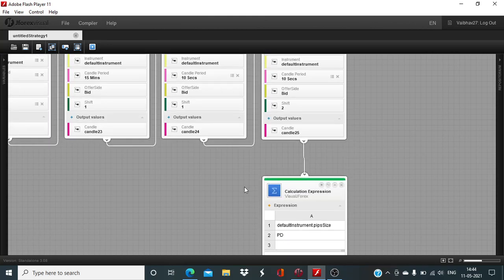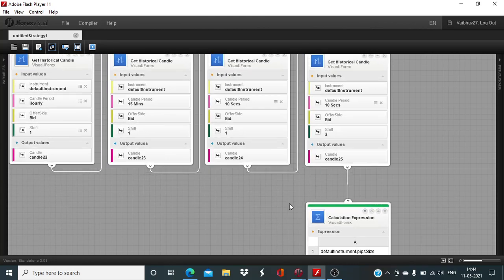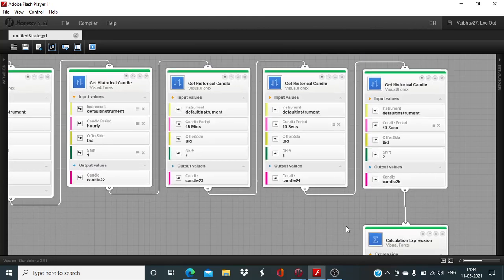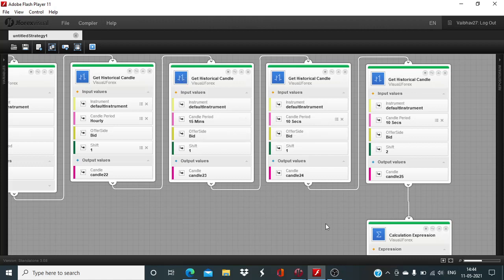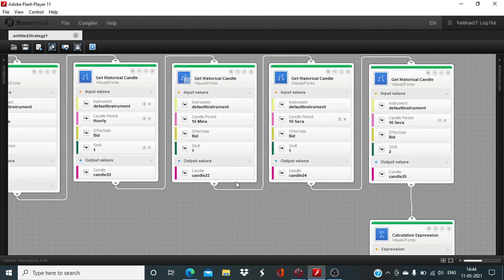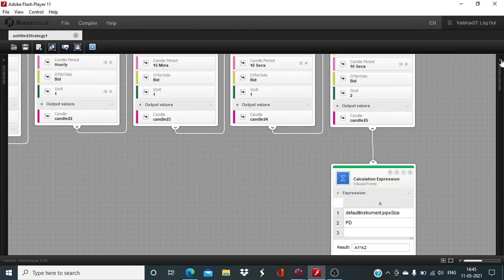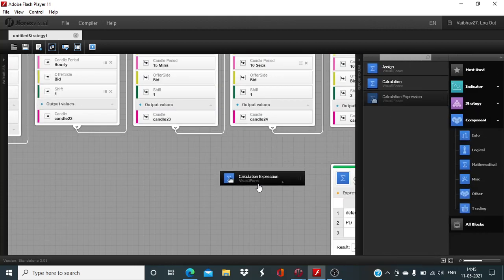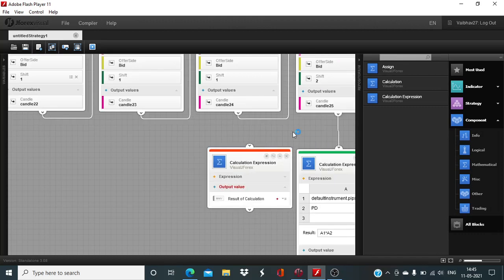Okay, after that we are also going to take the difference between this candle 23's closing and opening value, and for that we need one more calculation expression block.